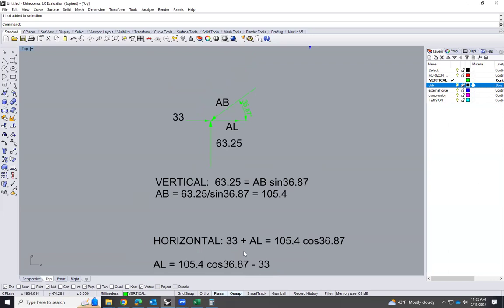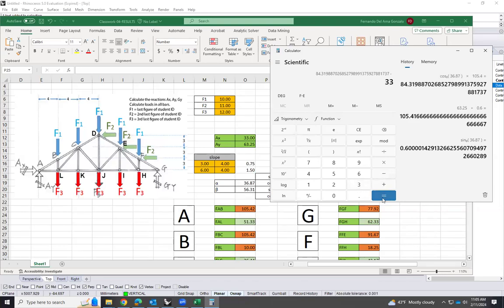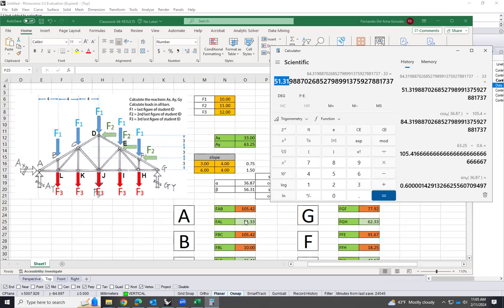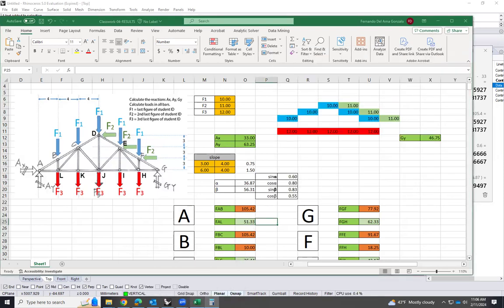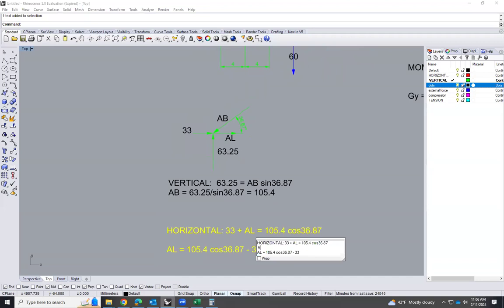Now calculator: 36.87 cosine times 105.4 minus 33. So that would be 51.3. So AL is 51.3.